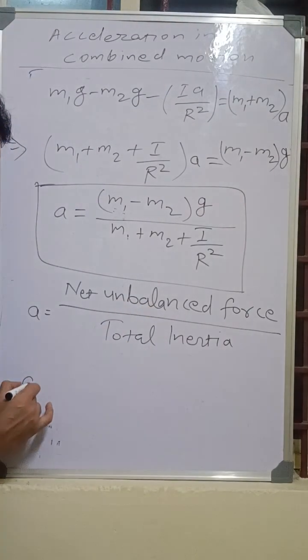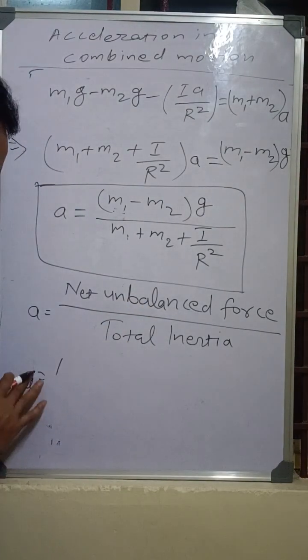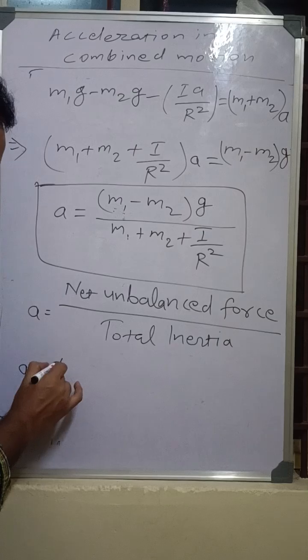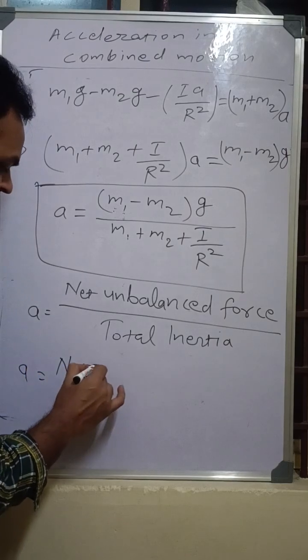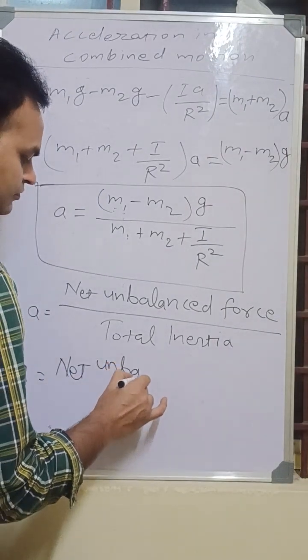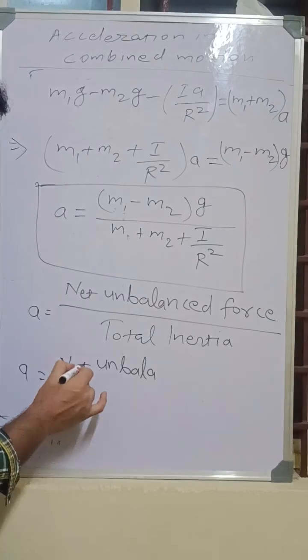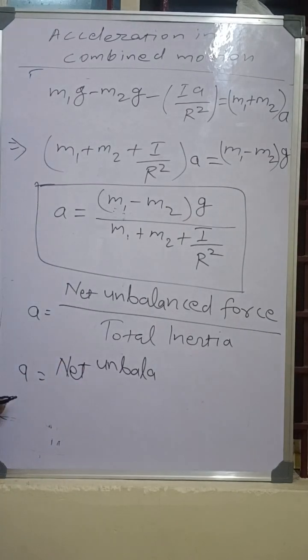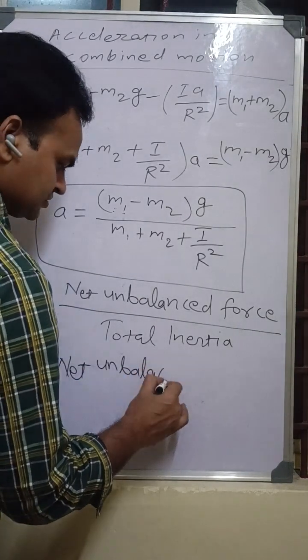And that total inertia can be written as translational plus rotational inertia. If we write acceleration A, then we have to write the net unbalanced force.